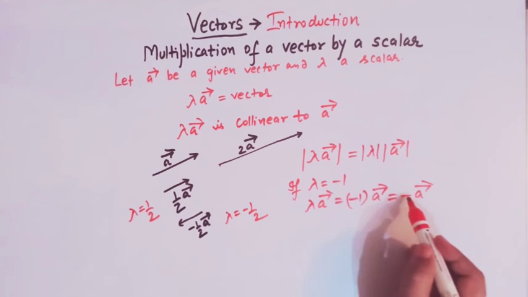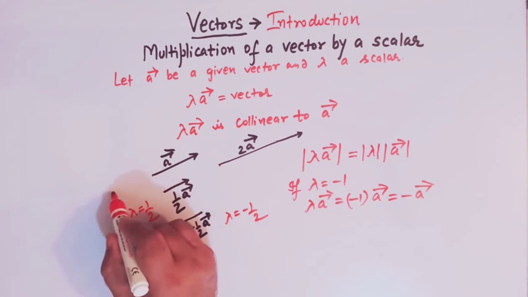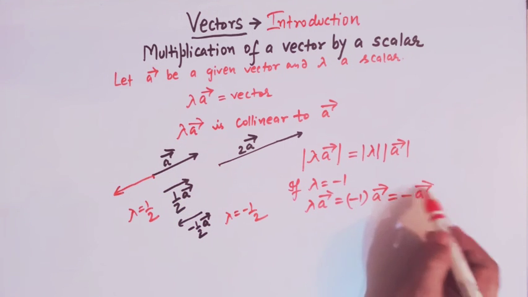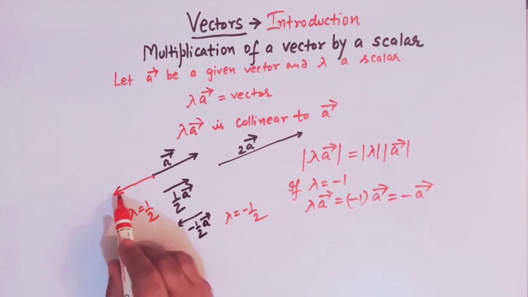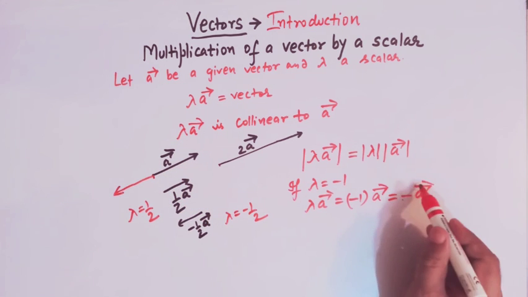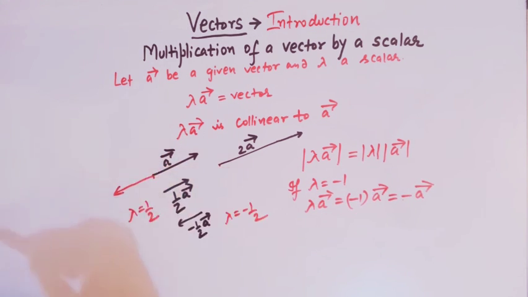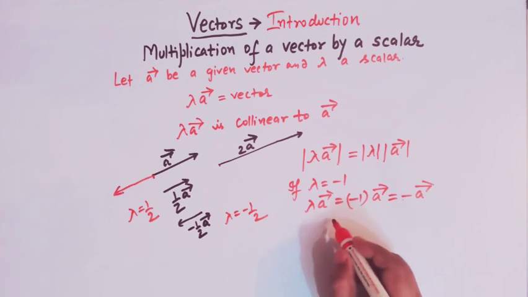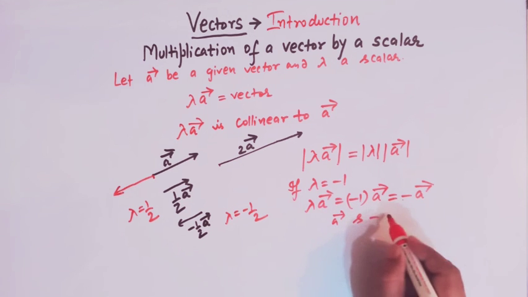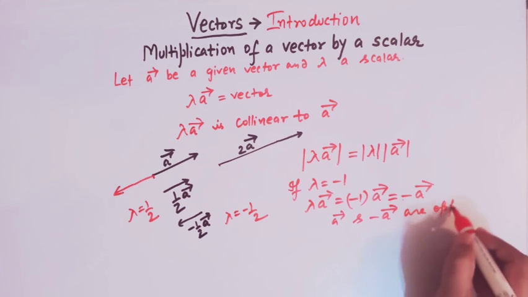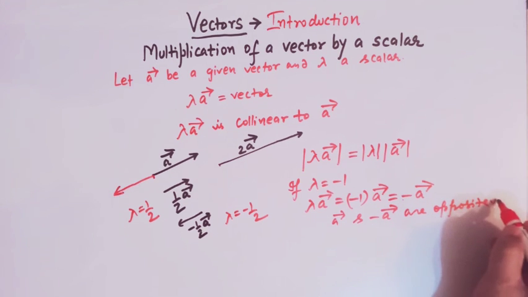So minus A vector is like this, right? The direction of this vector, negative of vector A, is in this direction, but the magnitude of this vector and vector A are same, right? So they are opposite vectors. So vector A and minus vector A are opposite vectors, right?